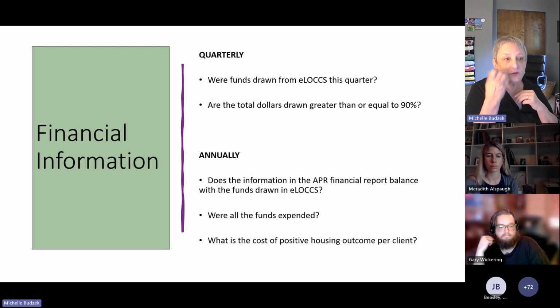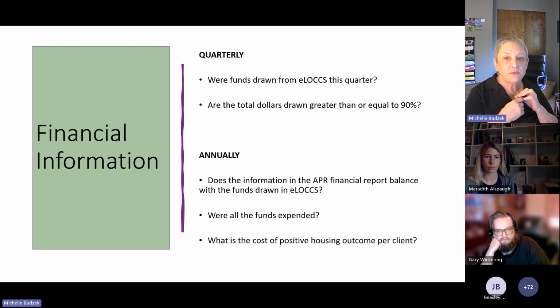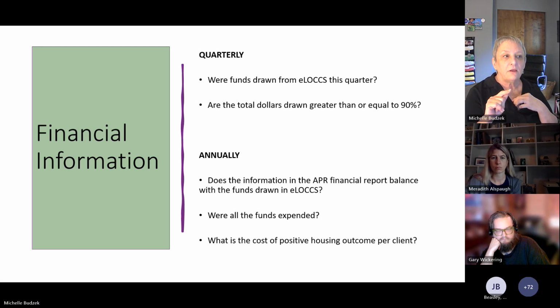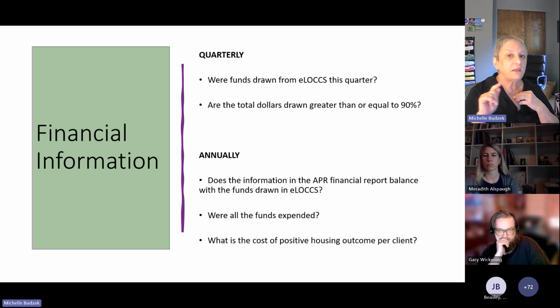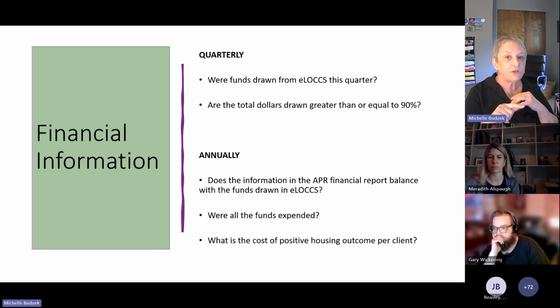We don't do financial information in quarterly reports, but HUD looks at whether you have drawn funds within the quarter. You are supposed to draw funds from LOCCS every quarter. So even though you don't report financial information, HUD behind the scenes is looking at, do you draw funds? And they're looking at, are those funds being drawn greater than or equal to 90% of what should be drawn by that time in the grant's life?